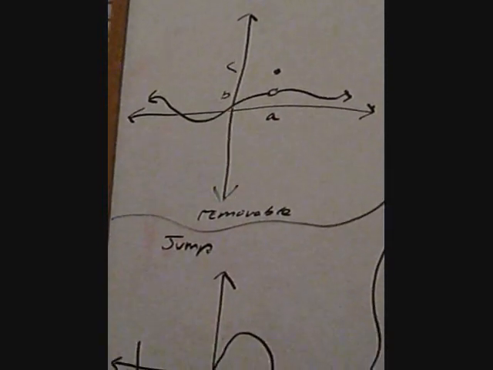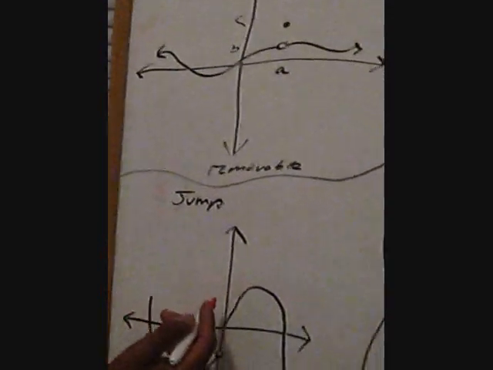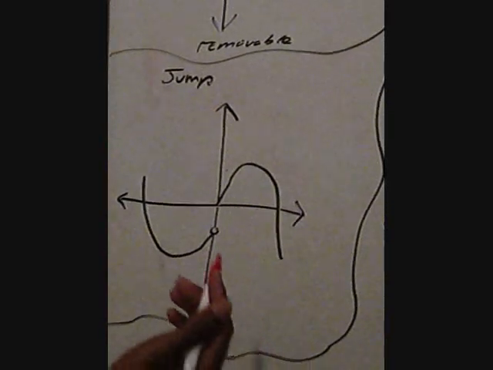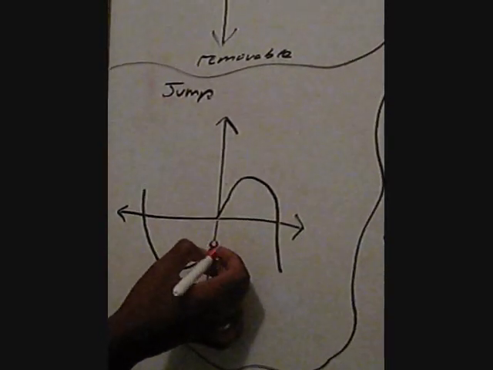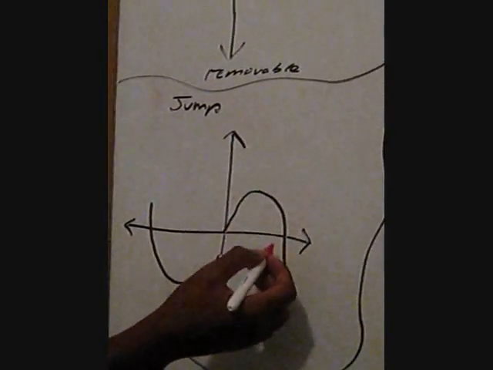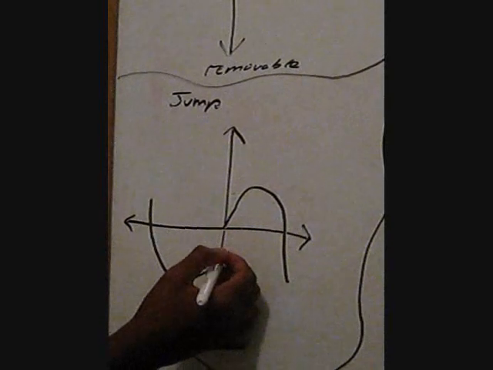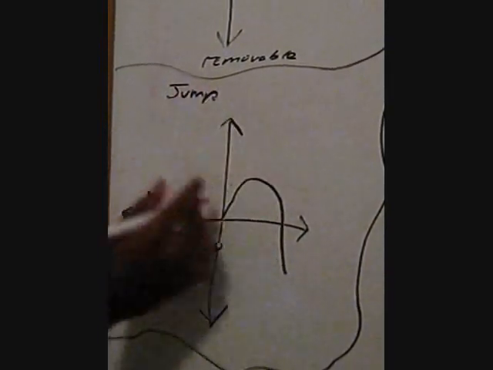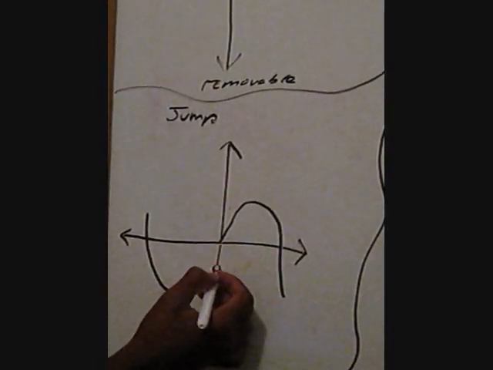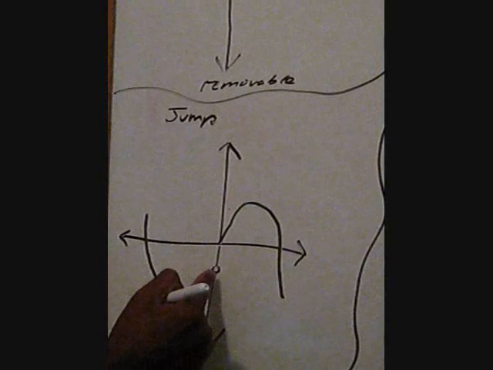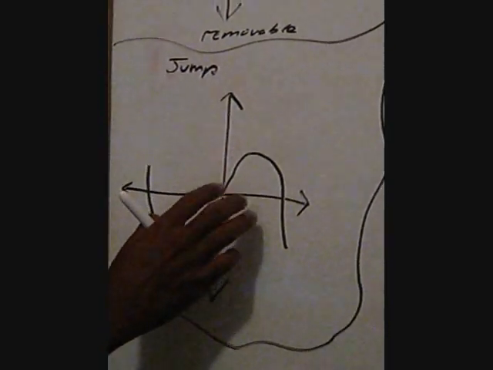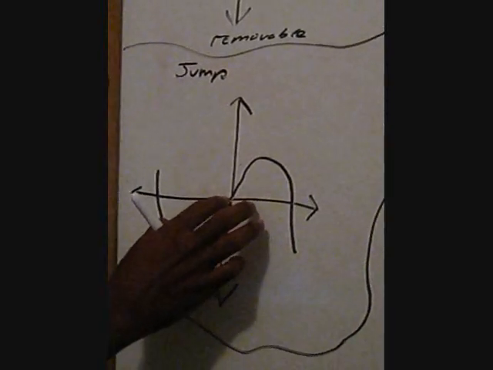Now, the other type of discontinuity would be jump discontinuity, which, well, basically defines it real well as it comes at a point, then jumps to that other part of the function, and then continues. Now, on this example, on the left side of this function, it is discontinuous as it approaches 0, and on the right side, the function is defined at 0.